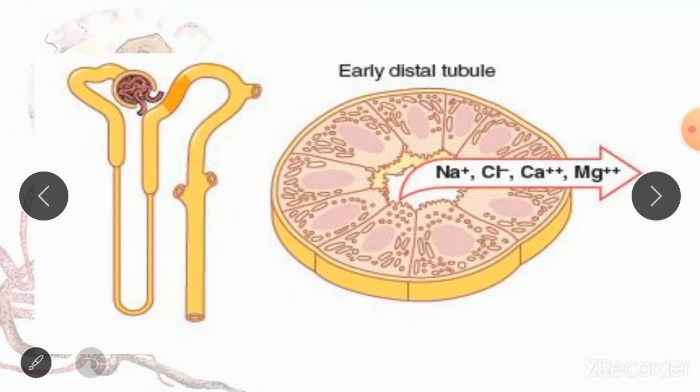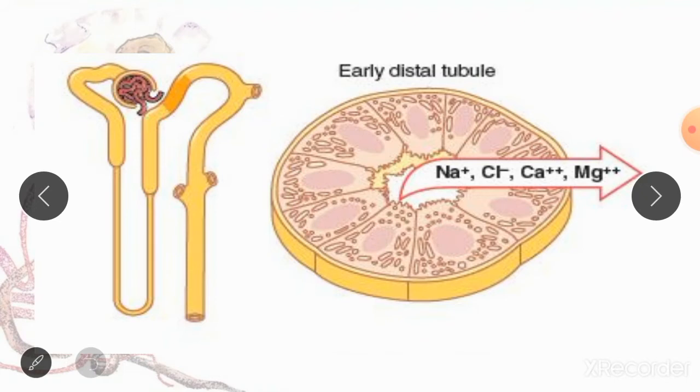Here you can see the early part of the distal convoluted tubule, and it is responsible for the reabsorption of sodium, chloride, calcium and magnesium. Also remember an interesting fact. Do you remember the macula densa cells that we studied during the tubuloglomerular feedback mechanism, which detect sodium concentration? They are present in this part of your distal convoluted tubule.